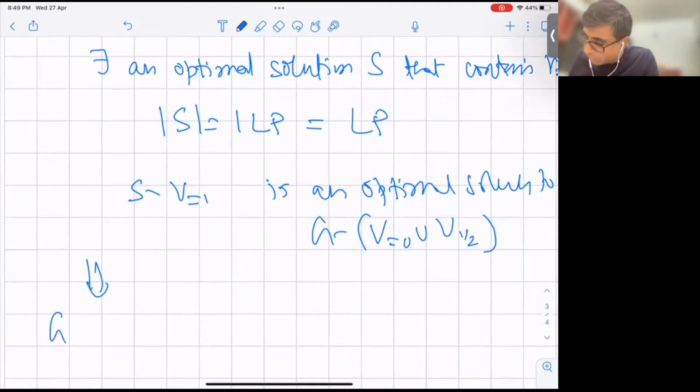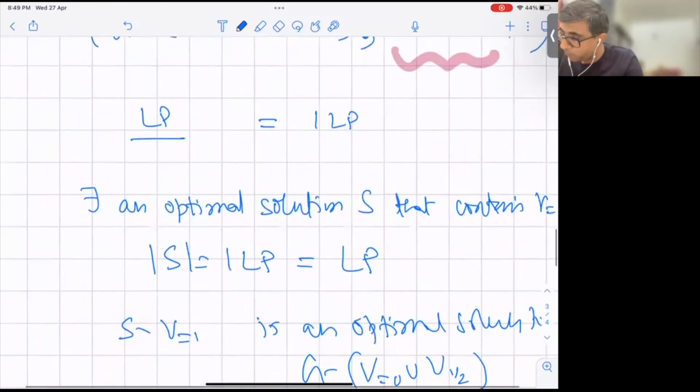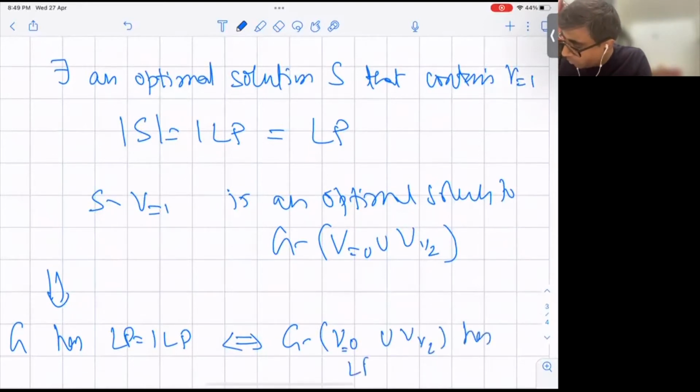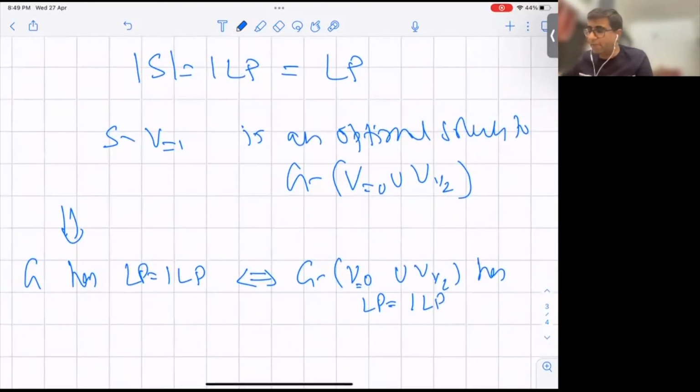What I'm trying to say is that G has LP equal to ILP if and only if G minus V0 union V half has LP equal to ILP, right? Because of this equivalence, we will keep applying this reduction rule.